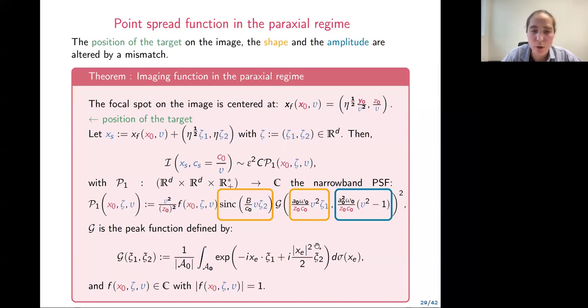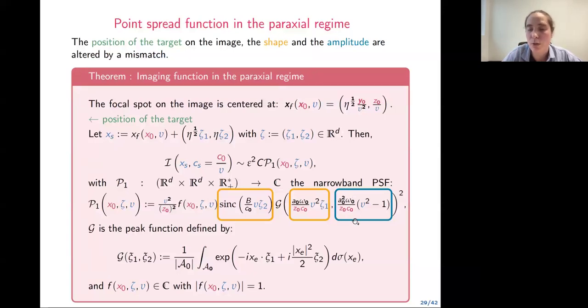And here you have the amplitude. G here is the peak function that I wrote here. I'm going to plot it in the next slide. And this last term here is a term that interests us. What does it tell you? It tells you that you have a peak where nu equals 1. Remember that nu is the ratio between cs and C0, so that's a good thing. Moreover, you know that you have a peak, but you have the width of the peak.